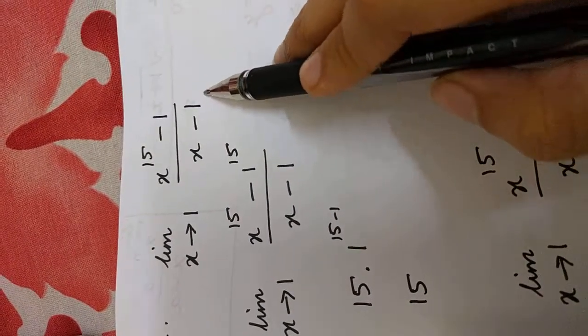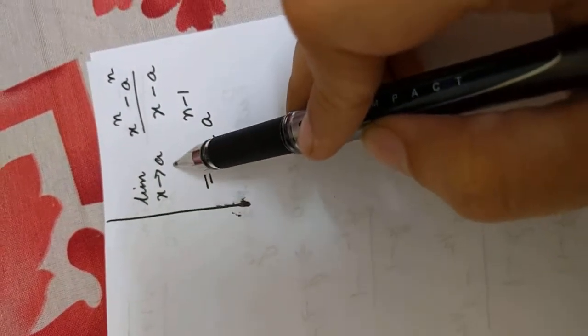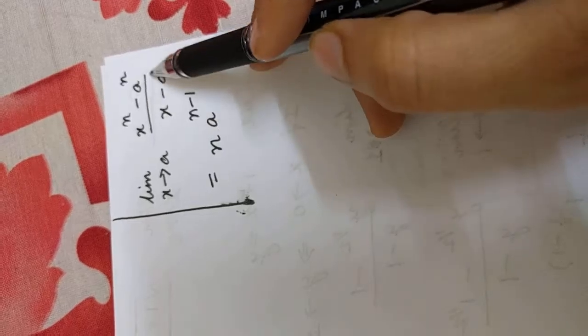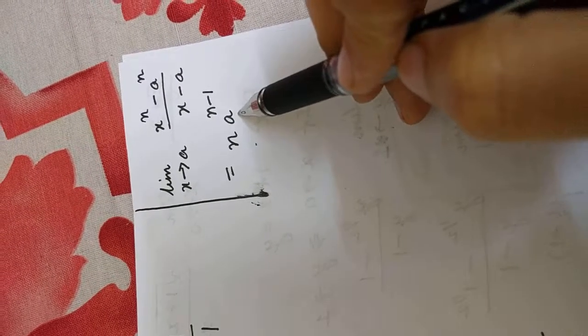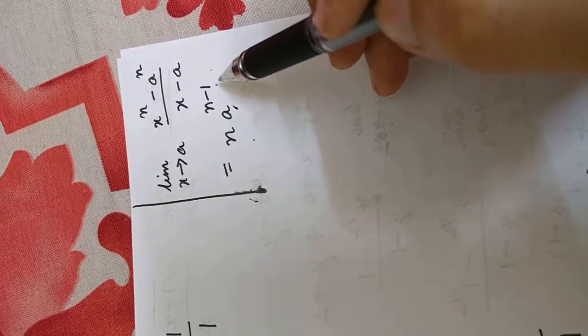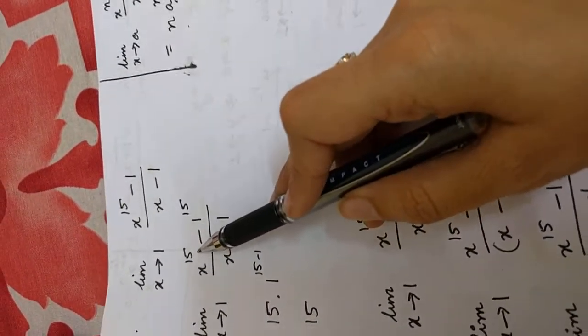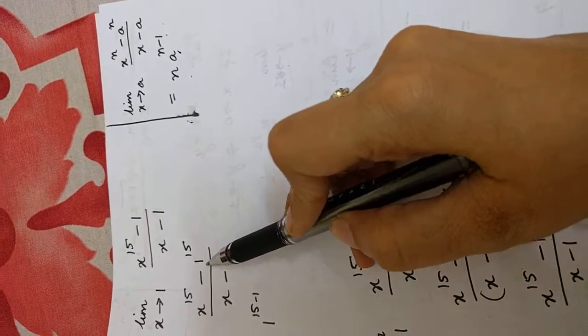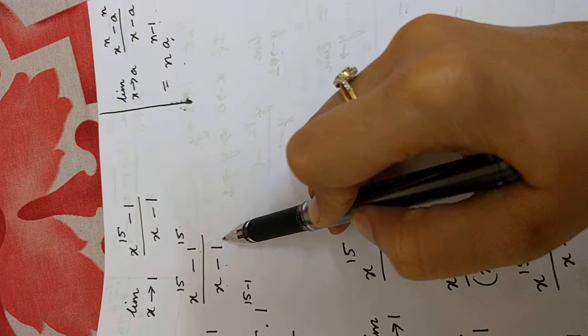So we'll break it into the form of this. Limit x tends to a, x to the power n minus a to the power n upon x minus a equals to n a to the power n minus 1. So we'll write here x to the power n minus a to the power n upon x minus a.